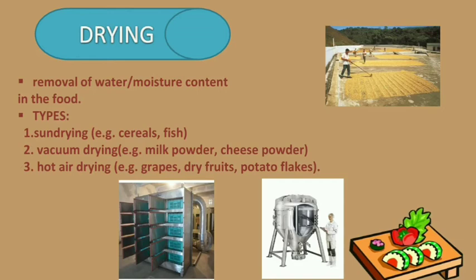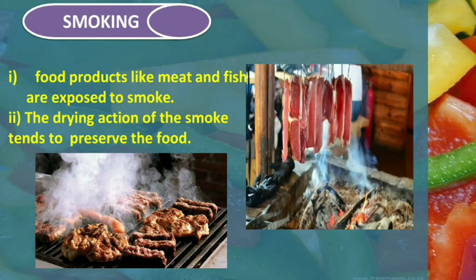Then smoking. Smoking is the process in which food products like meat and fish are exposed to smoke. It is the process of flavoring, cooking or preserving food by exposing it to the smoke from burning or smoldering plant materials.